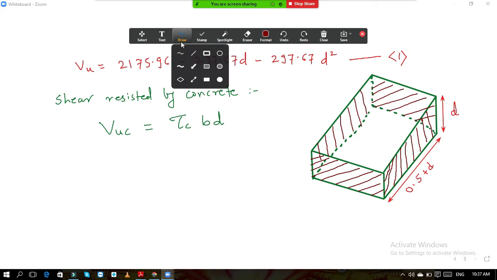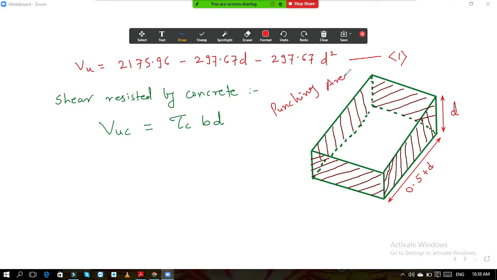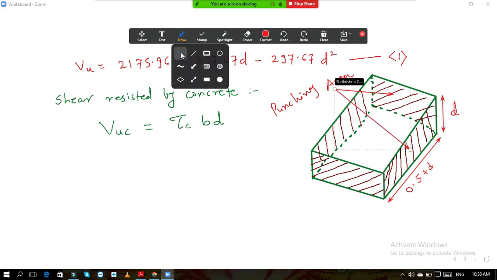I will write here, your punching area is this much. 1, then 2, this is third, and this is fourth. This is your punching area.